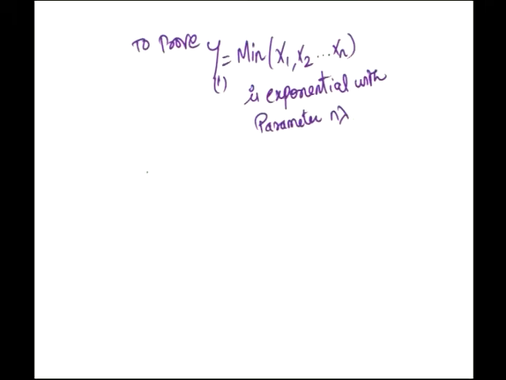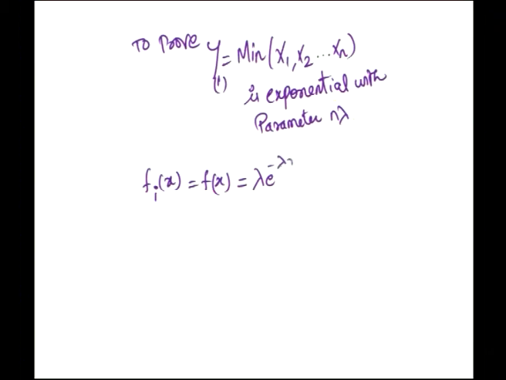Therefore, in common we shall take it as x. Therefore, fi of x is equal to f of x for a particular random variable xi. The PDF is given by the exponential distribution's PDF lambda e power minus lambda x, given for x is greater than or equal to 0 and lambda is greater than 0. Okay. Then what about capital F of x?